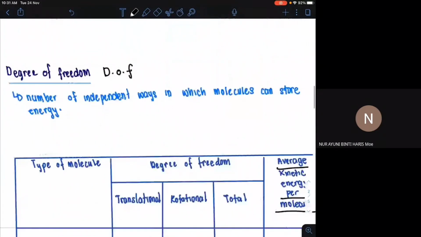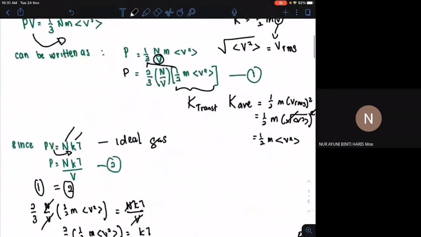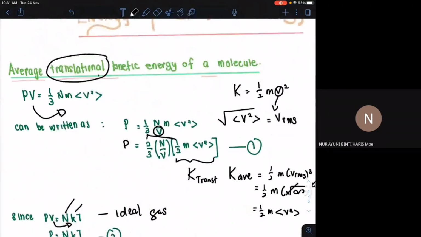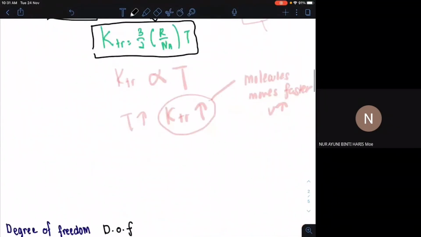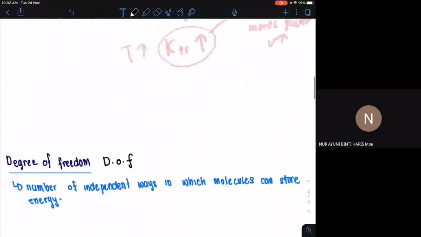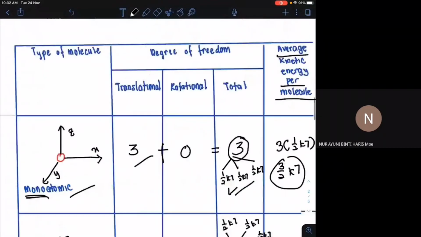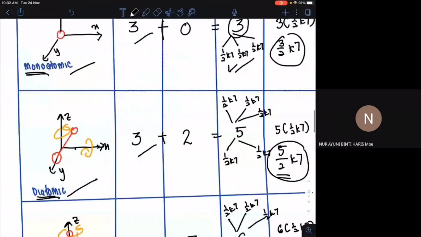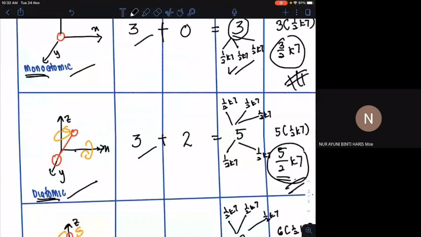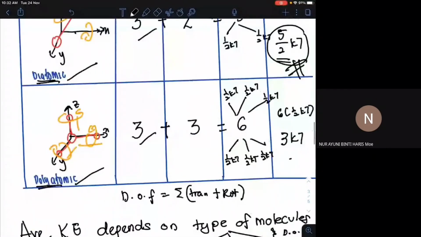Sebab tu average translational kinetic energy adalah 3/2 kT. Tapi kalaulah we are talking about average kinetic energy, maksudnya you have to consider the rotational as well. So kena tambah translational dan juga rotational, dapatkan bilangan degree of freedom dia, lepas tu tentukan kinetic energy average 3/2, 5/2 ataupun 6/2.